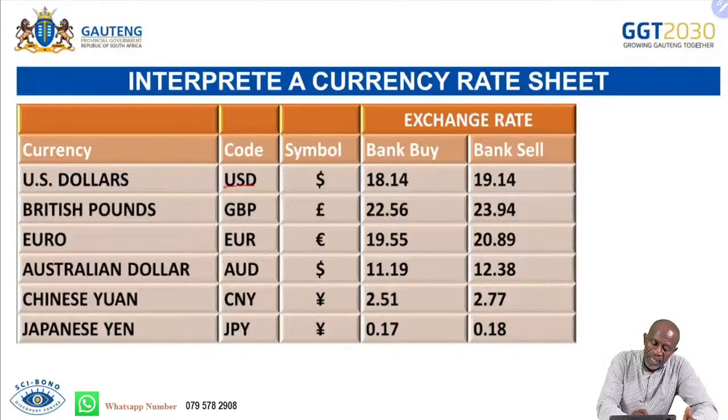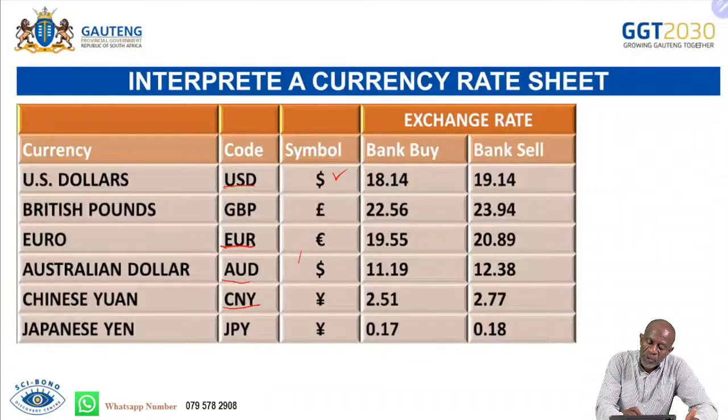For the countries in the European community, it's Euro, EUR, and the Australian dollar is AUD, the Chinese yuan is CNY, and the Japanese yen is JPY. All these are three-letter codes representing a particular currency, and the symbols are as indicated here.